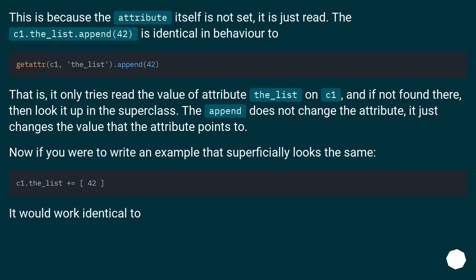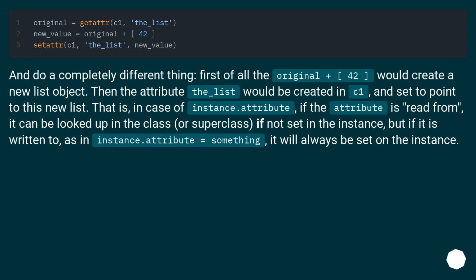Now if you were to write an example that superficially looks the same, it would work identical to this, and do a completely different thing. First of all, the original plus [42] would create a new list object.